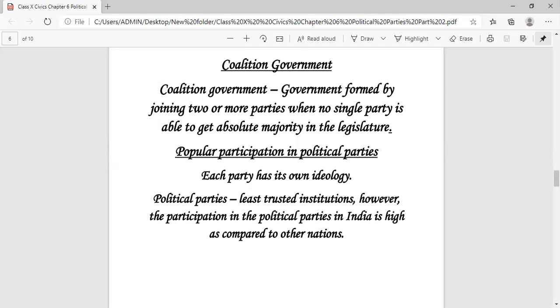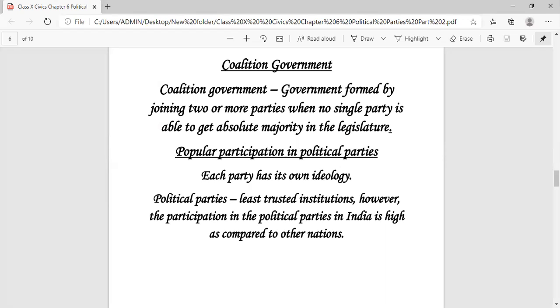An example for the coalition government is the government at the center with Manmohan Singh as Prime Minister, which was a coalition government before May 2014. Before the first term of Narendra Modi's government, India faced a coalition government under the leadership of Manmohan Singh.